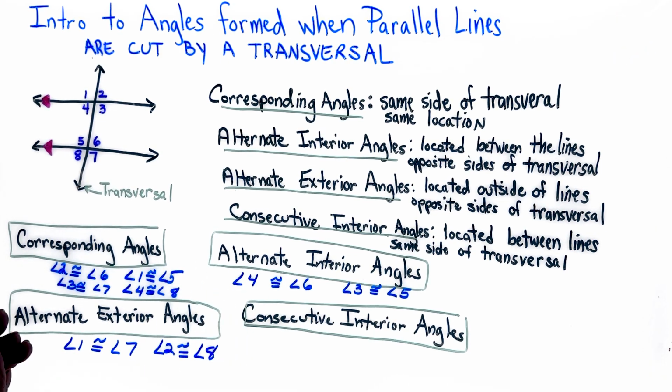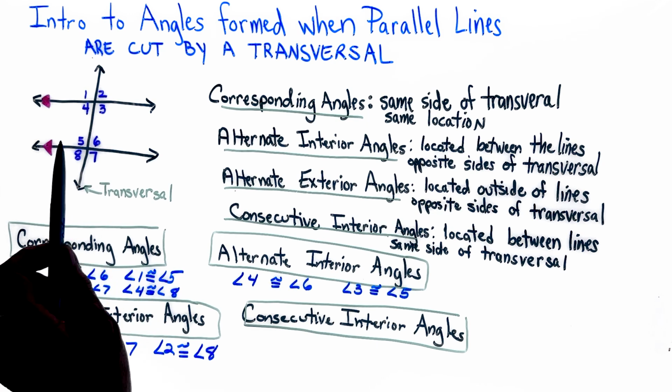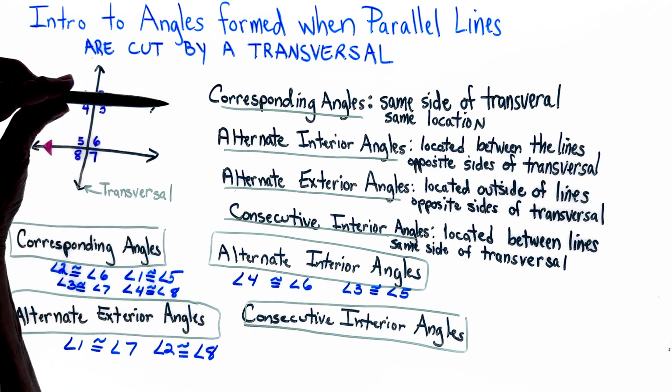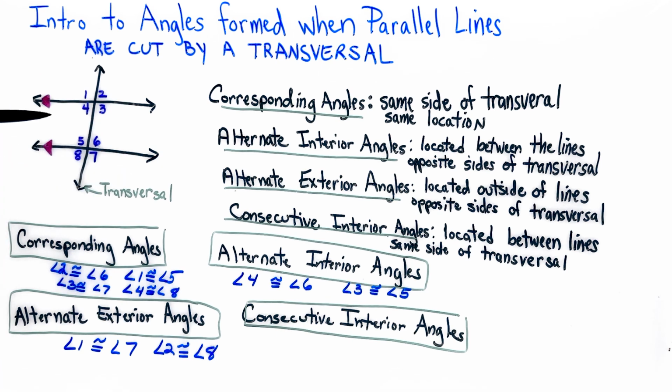When we have consecutive angles, we are talking about angles inside these parallel lines, but on the same side of the transversal. So I know angle 3 and angle 6 are consecutive, but consecutive interior angles add up to 180 degrees.